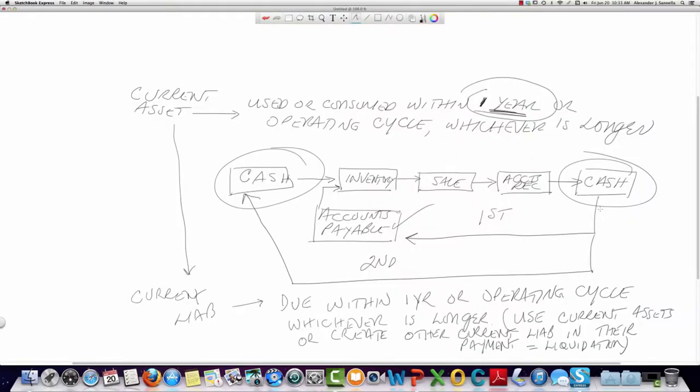So one thing you should know, if we go back to the whiteboard, if you are looking at the liability section of the balance sheet, and you have current liabilities, and we have long-term liabilities.